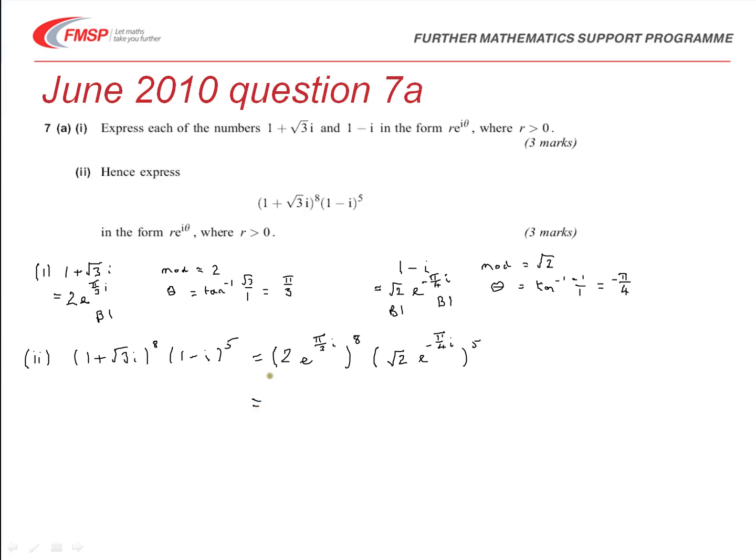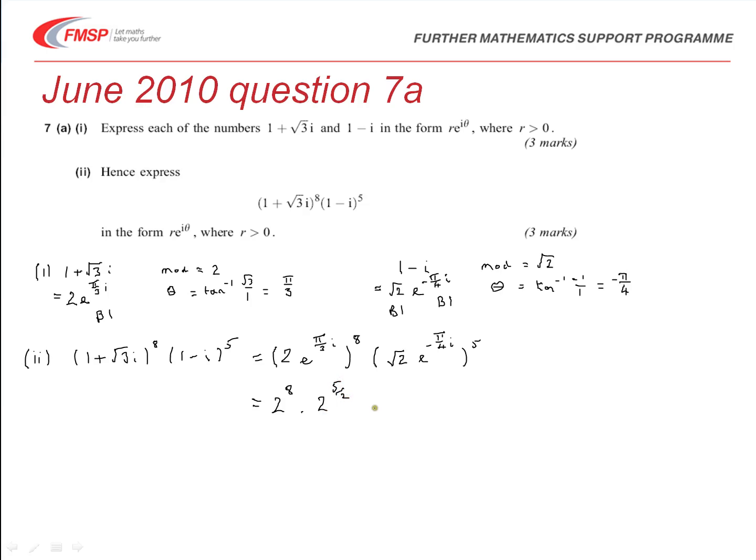So if we look at the modulus, we've got 2 to the power of 8 for the modulus here. From the second number, we've got root 2, which, remember, is 2 to the power of a half, to the power of 5, so that becomes 2 to the power of 5 over 2.